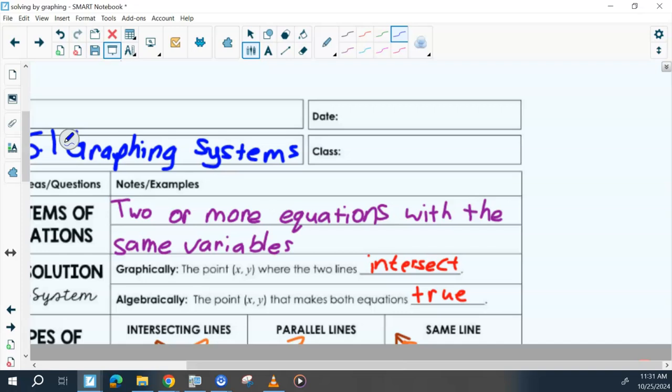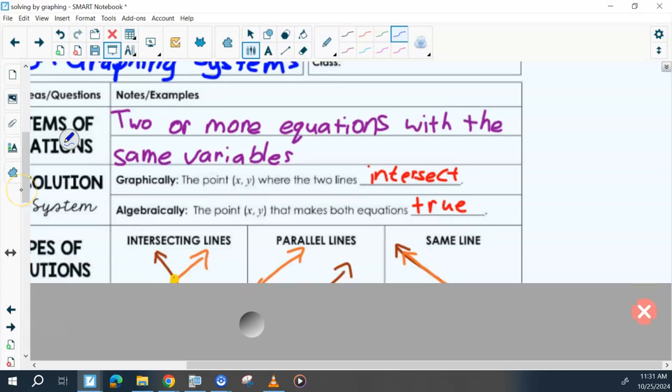And then this is talking about the solution. So graphically, it's the point where the x, y, that point where they cross, where they intersect. Algebraically, when we did this, it's the point that makes both equations true. So you can look and find your solution to a set of systems, algebraically or graphically. For me, you'll just graph them and find where they cross, if they cross.